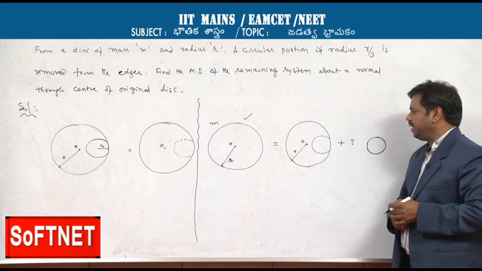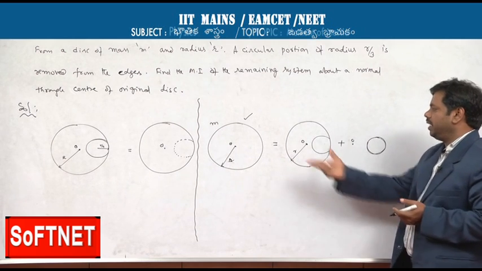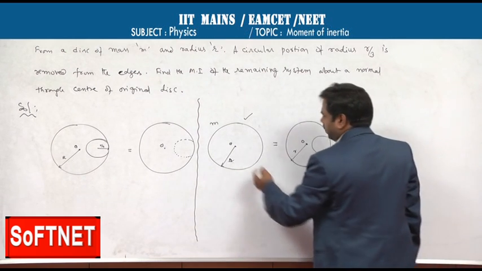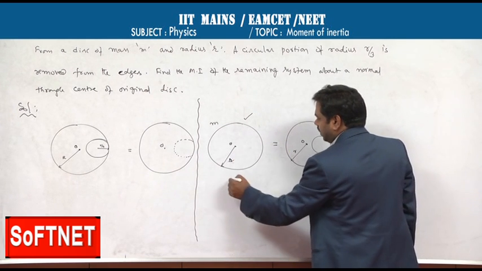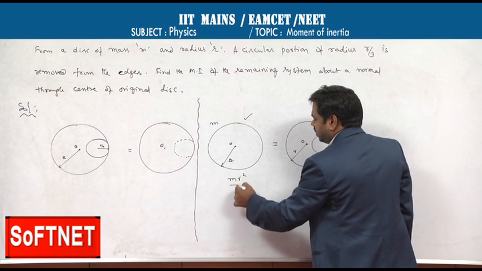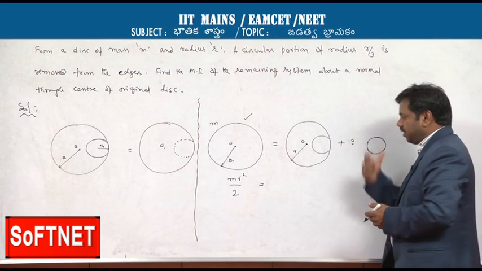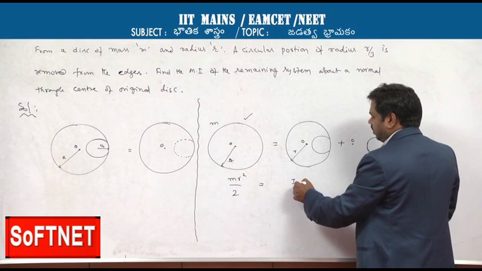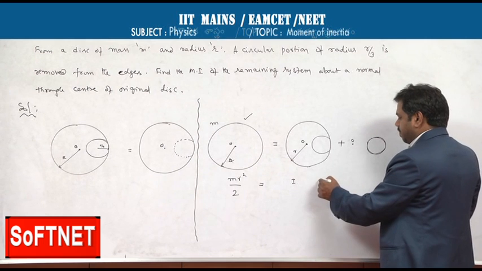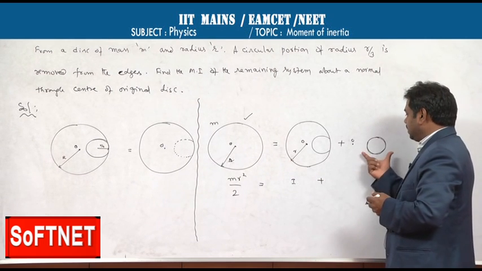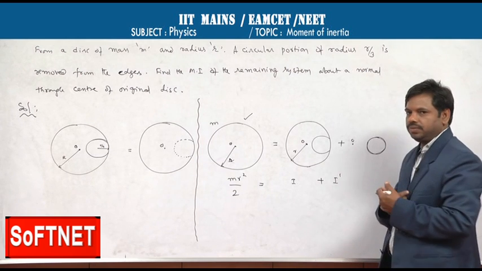Now easily we can find out the moment of inertia. How? We already know the moment of inertia of the full disk about this axis, passing through this center and normal to the plane, that is mr square by 2. That is equal to I, which we require to find out, plus this moment of inertia, say I dash.